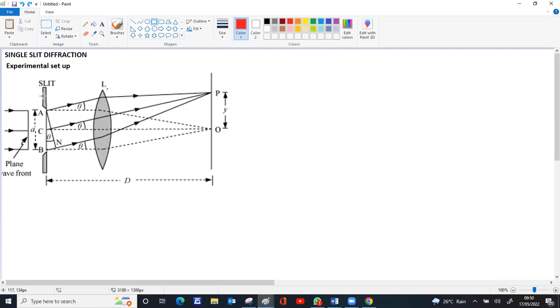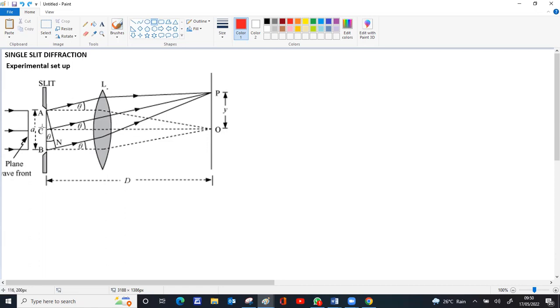This is the screen. Slit is AB. Light rays are incident normal to the plane of the slit. It's a plane wavefront, parallel light rays, normal to the slit.